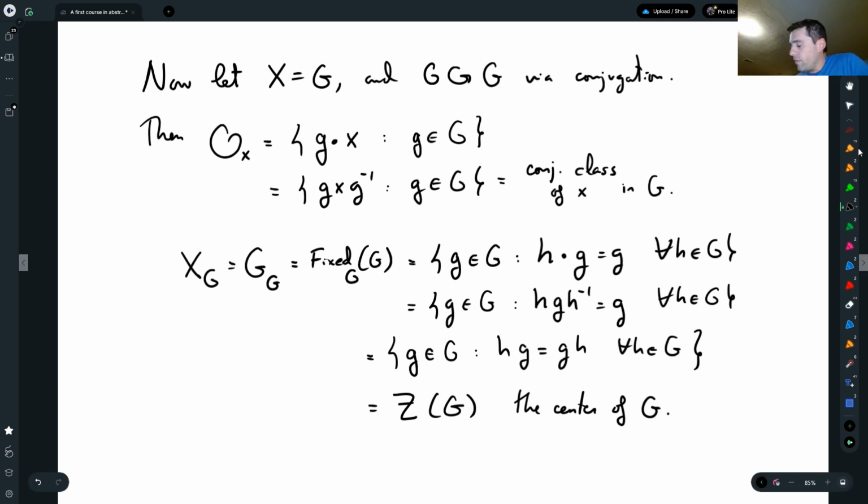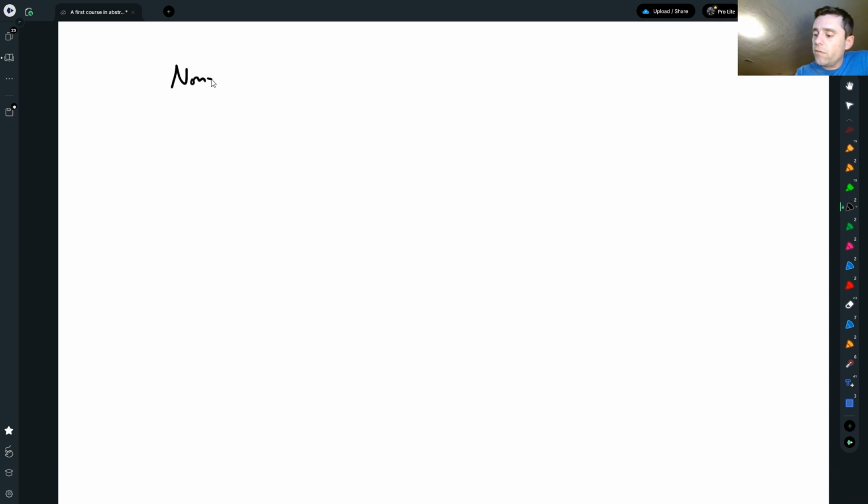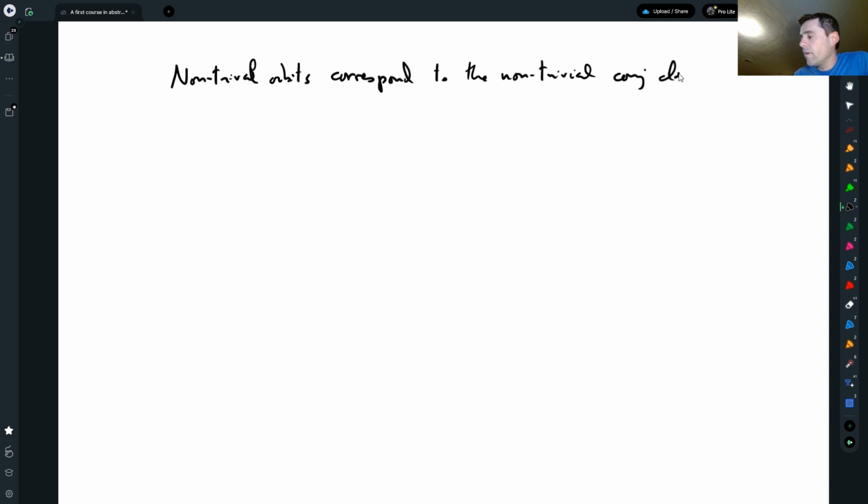All right, so we have identified the set of fixed points, and then the non-trivial orbits correspond to the non-trivial conjugacy classes. And then what we get is the class equation.